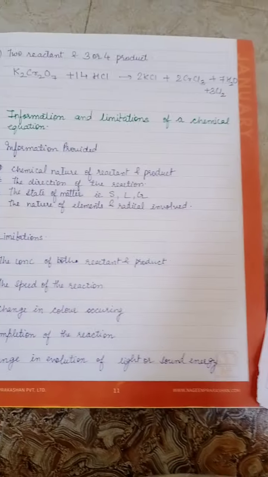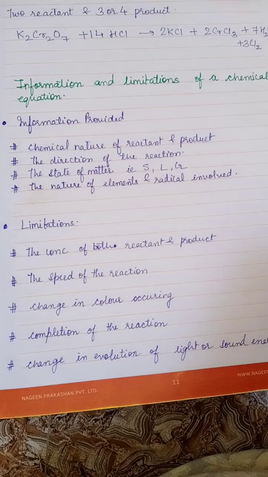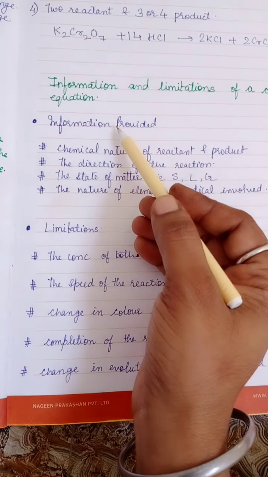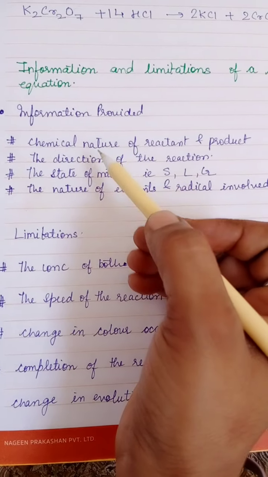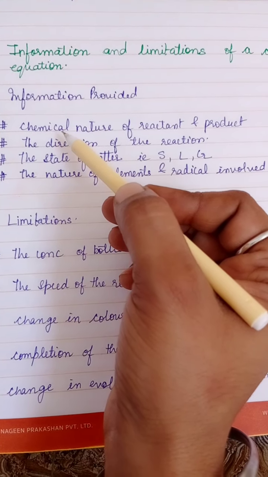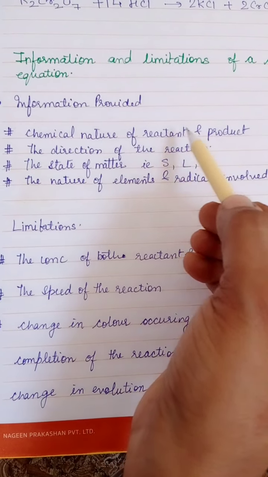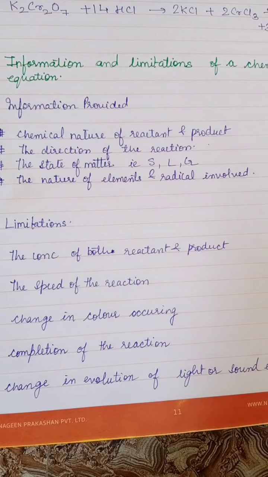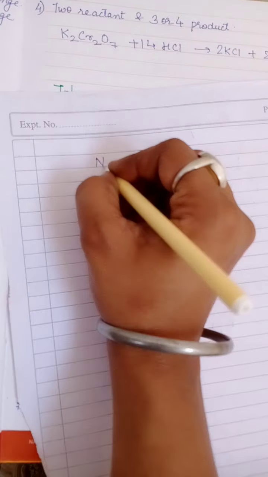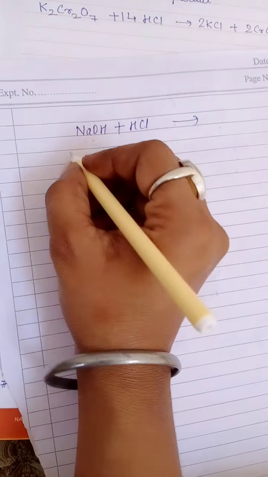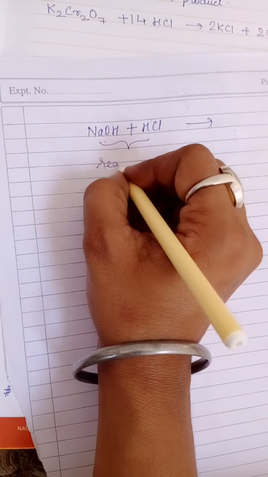Now here, what is the information provided by the chemical equation and what are its limitations? First we will see what information is provided. A chemical equation always provides us with information about the chemical nature of the reactants and the products. Chemical nature means, in the simple example I have taken here, NaOH and HCl. These two are reactants.